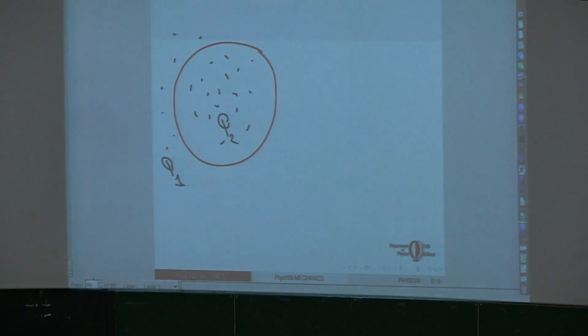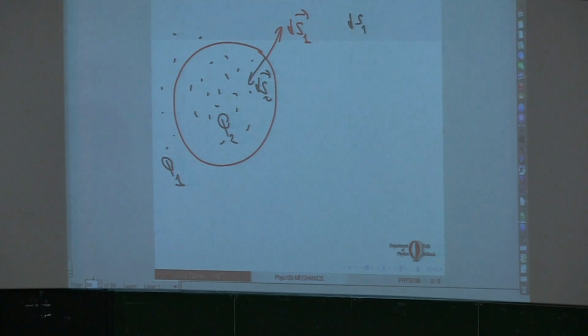Now, since we have this freedom to choose the direction of our surface, we can say that the outside can be in this direction. Let's call it ds1. Or the outside can be this direction, ds2.